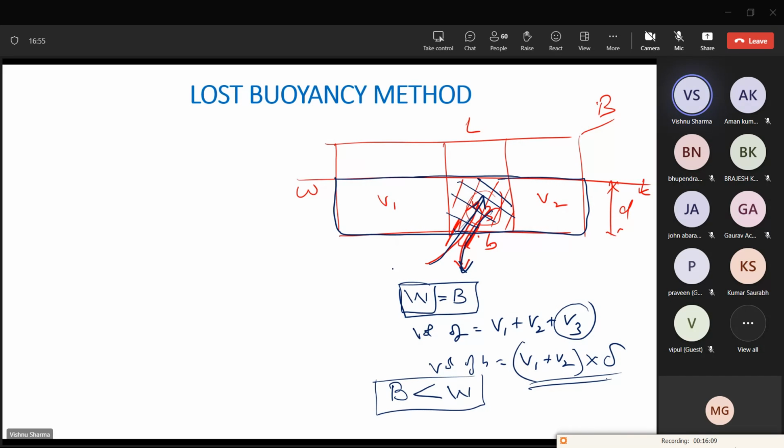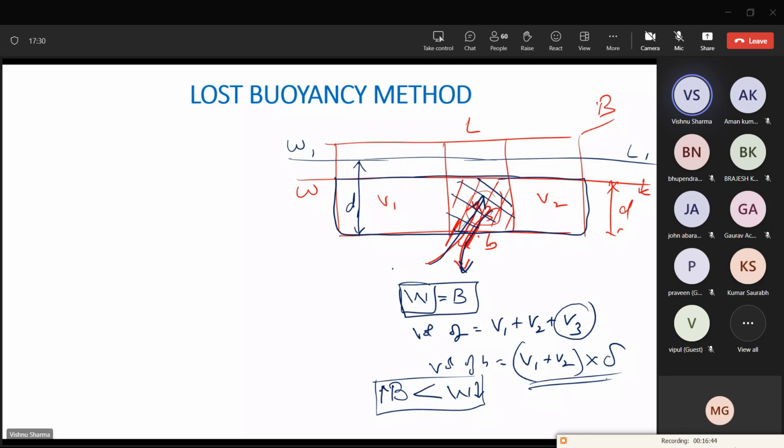Buoyancy acts upwards, displacement acts downwards, and buoyancy falling short means displacement is relatively more, which will cause the vessel to sink. Why? Because as the vessel sinks, it will tend to regain more buoyancy. And let us say, at D1 draft, with a water line of W1L1, the vessel strikes a new equilibrium.